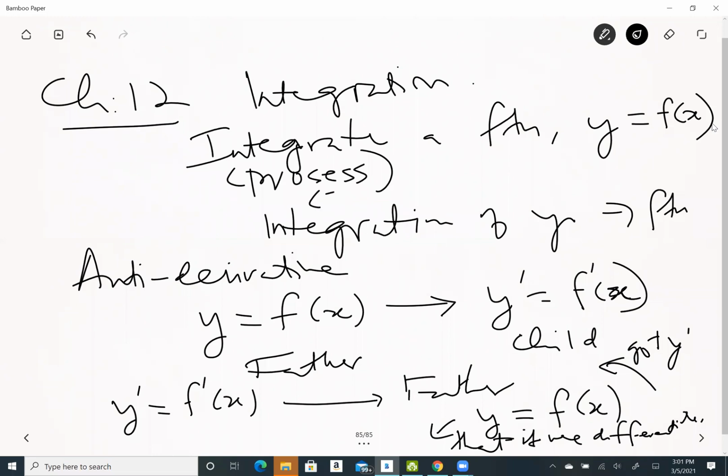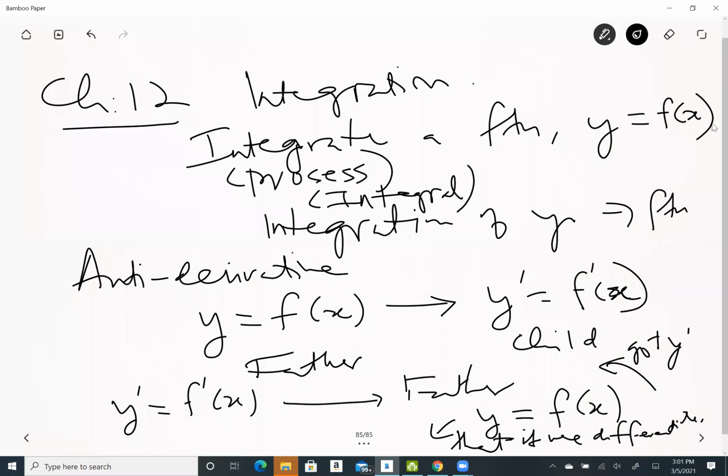We call it integral of y. Integral of y is the function. You do the process, we call it integrate.